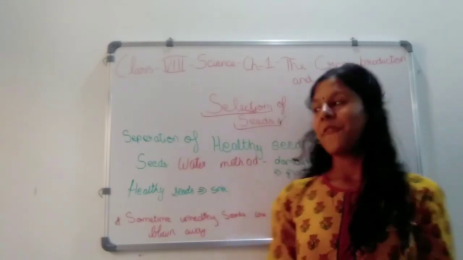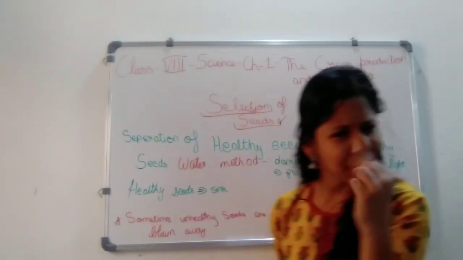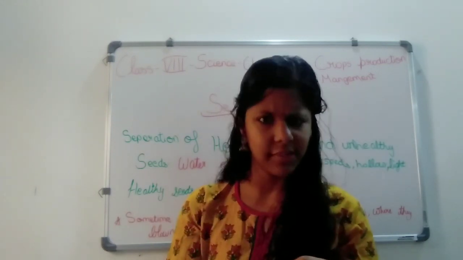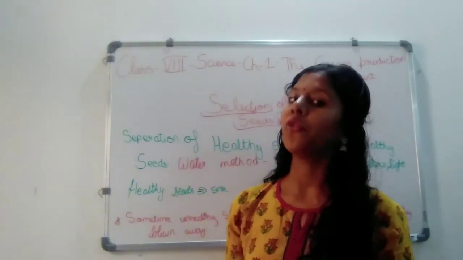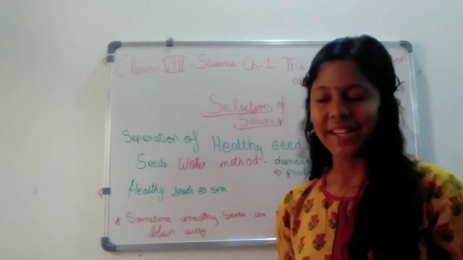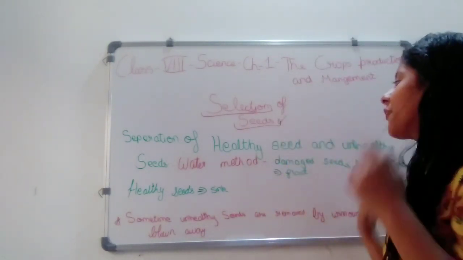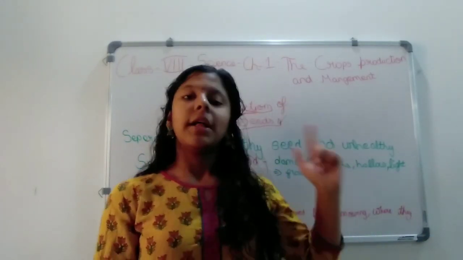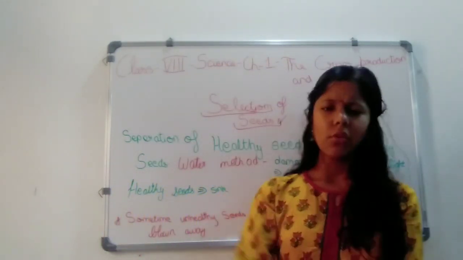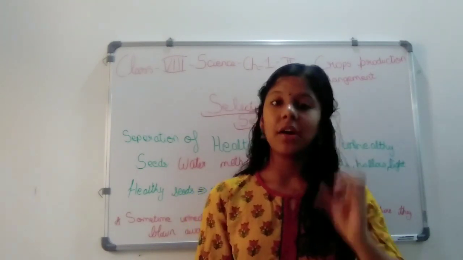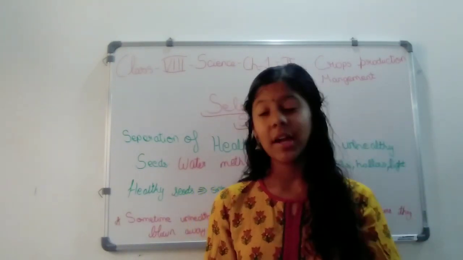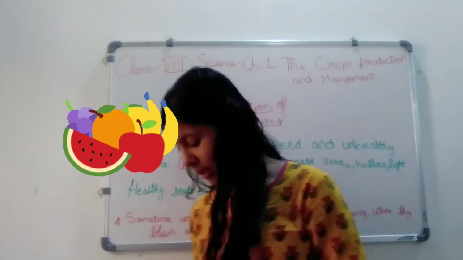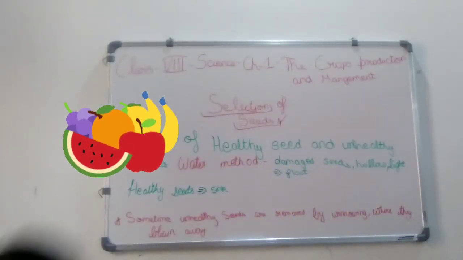So now we are here with the two very essential and effective tricks or methods that the farmer uses. Let's see it. Separation. Let me explain what I have written in the book. If you're buying a fruit or vegetable, like a mango or an orange, first what do you see?